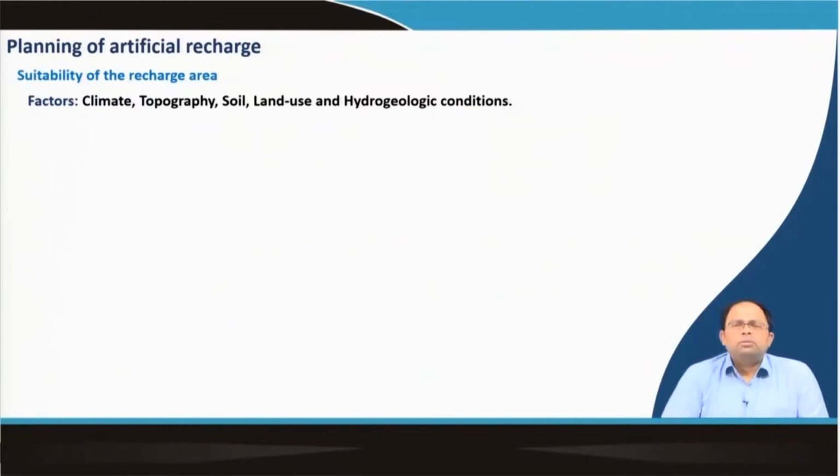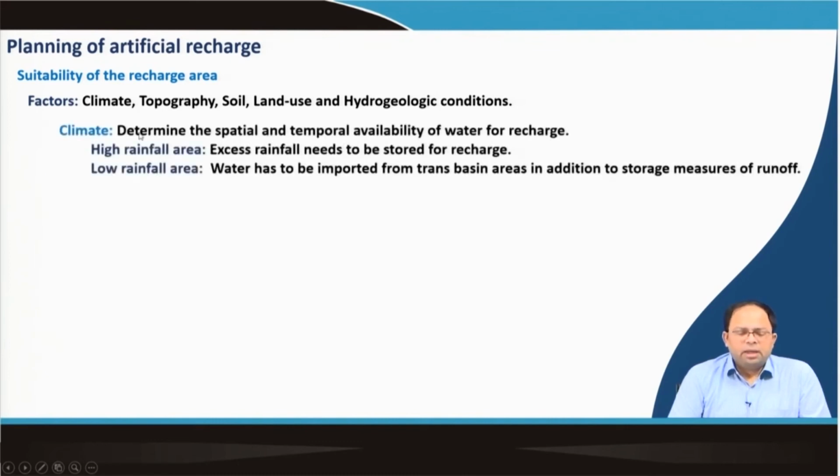Then we need to check the suitability of the recharge area, and we already talked about these factors, which are climate, topography, soil, land use and hydrogeologic conditions. For example, climate determines the spatial and temporal availability of water for recharge. That means in a high rainfall area, excess rainfall needs to be stored for recharge. In a low rainfall area, water has to be imported from transbasin areas in addition to storage measures for runoff.